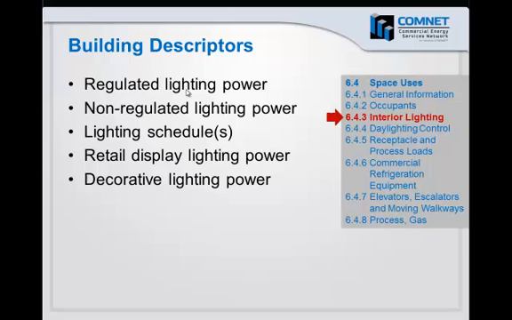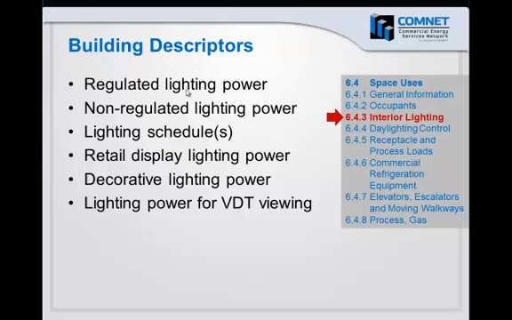So that has to be entered separately at each space. And both retail and decorative lighting will show up as the same value in both the baseline and the proposed building, up to the maximum amount.